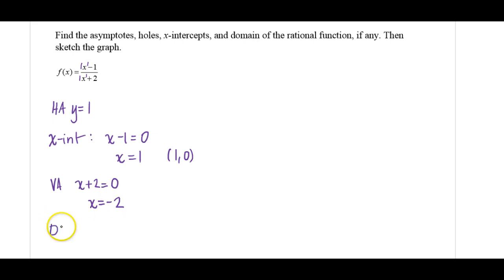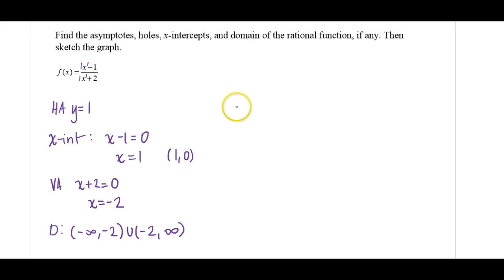So my domain is all real numbers from negative infinity up to negative 2, but I don't want to include negative 2, so I put open parentheses, and everything from negative 2 to infinity. So this says everything except -2. Every other real number will give me an output in this particular rational function.